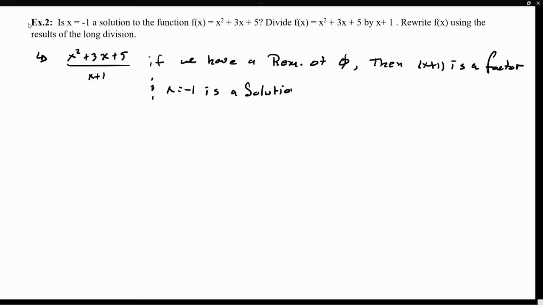So this is the strategy that we'll be using. So let's actually do it. Let's get what's on the numerator, which is x squared plus 3x plus 5. And now let's divide it by the expression x plus 1.